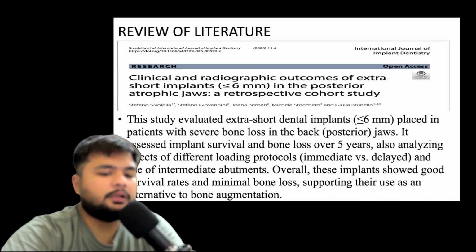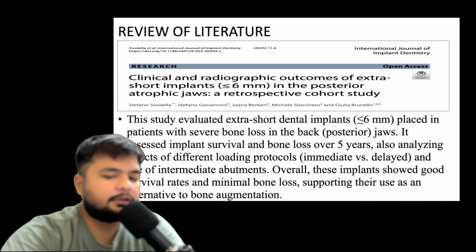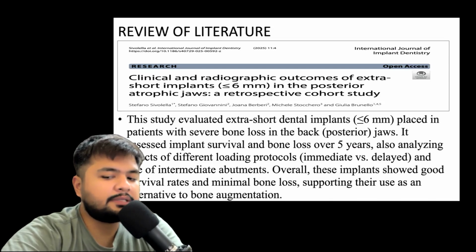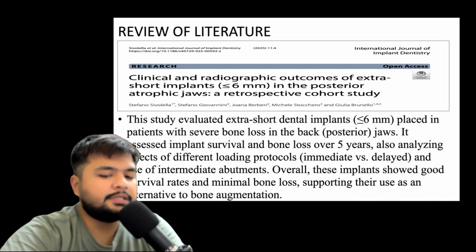Then coming to the study design, it was a retrospective cohort study with the long-term outcomes of implants already placed between 2013 and 2022. 56 implants were placed in 34 patients, 12 males and 22 females, with a median age of 63 years.